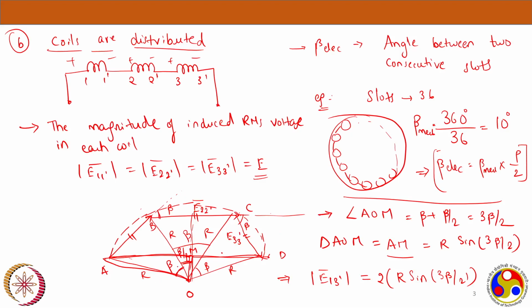Here I am looking at this particular triangle OCD. As before I drew the perpendicular OM, I am trying to drop another perpendicular, this is a perpendicular OM. Now, if you see this triangle OND, what is the angle at this particular O, NOD?